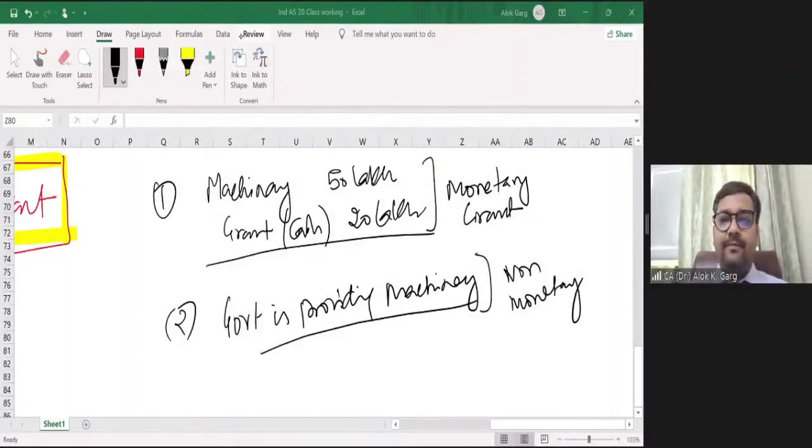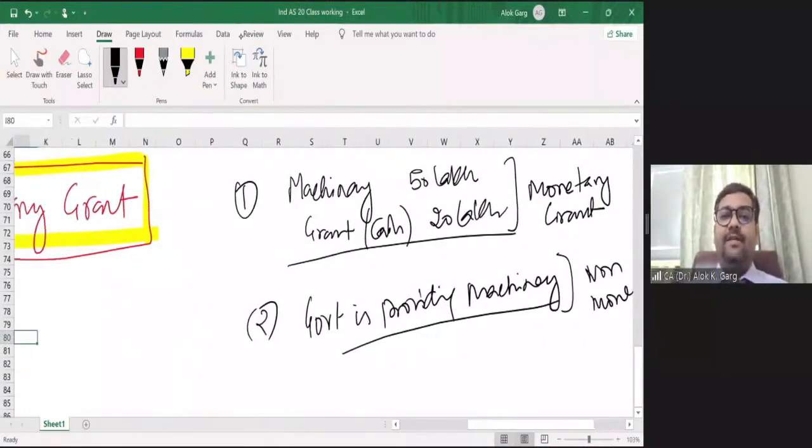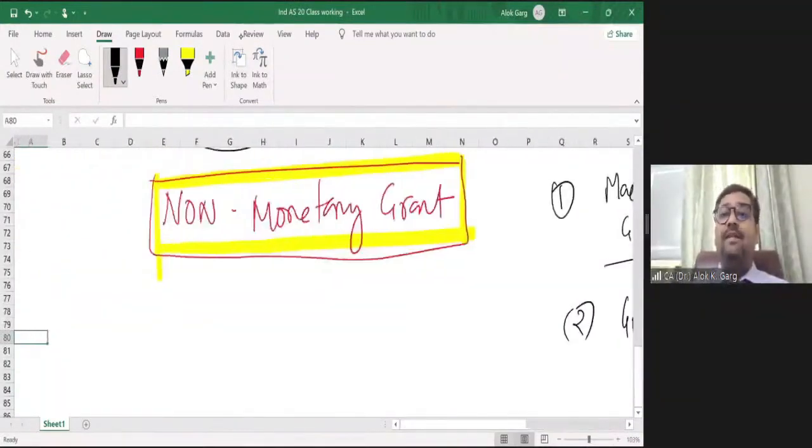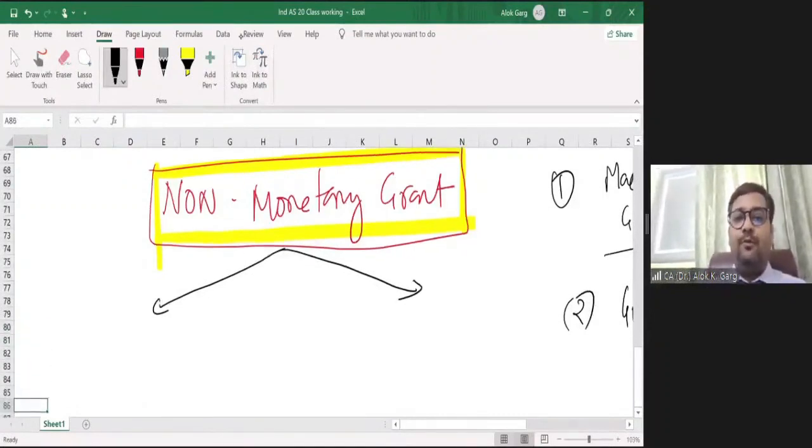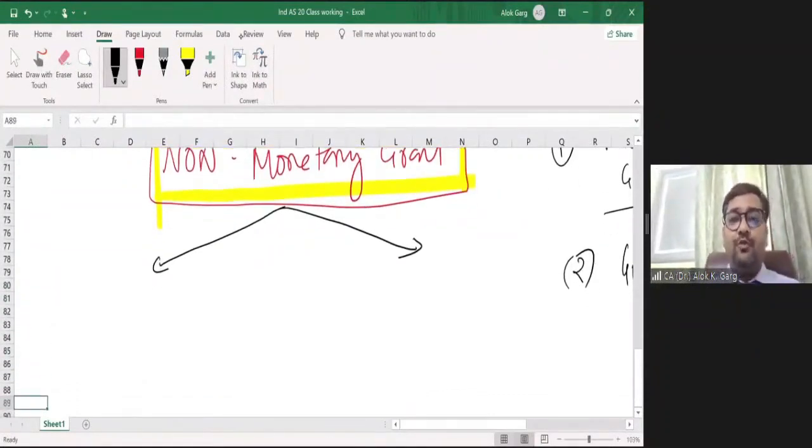So friends, if it is a non-monetary grant, the government is giving some asset free of cost to a company. The standard says that in this case, there are two approaches available. What are those two approaches? First, you need to recognize the non-monetary asset at fair value.